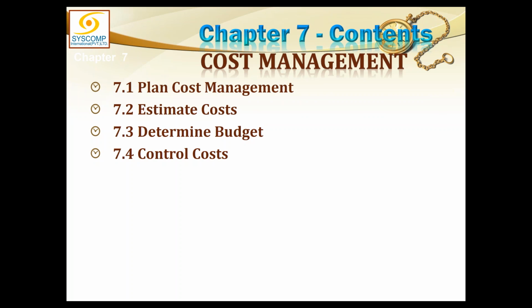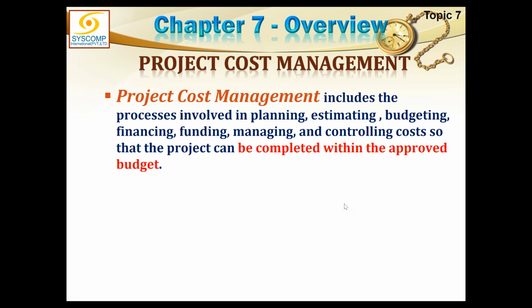And later on, just like the control of scope and time, we control the cost, which is almost similar to the control schedule process. Naturally, as we were more concerned about the timely completion of the project in time management, here we want to plan, estimate, budget, finance, fund, manage, and control the cost so that the project can be completed within the approved budget.